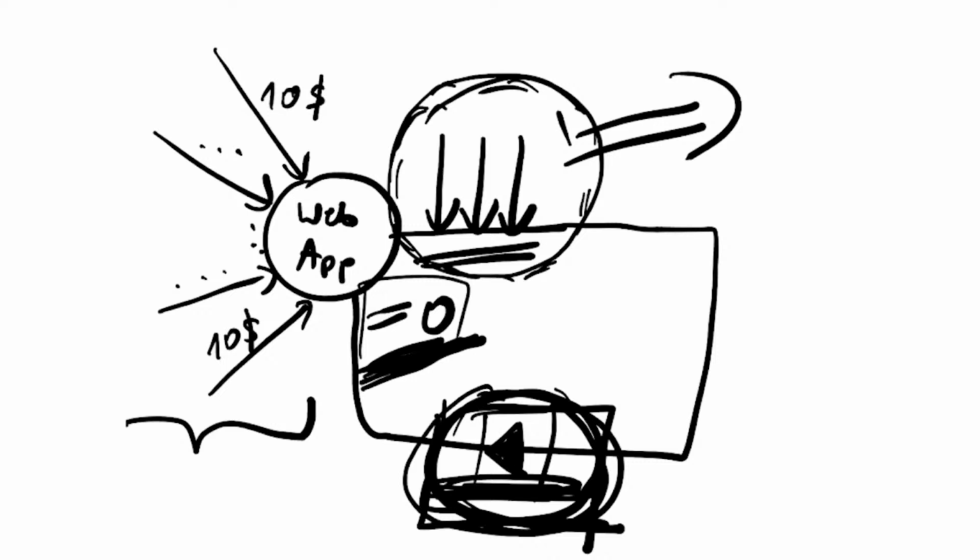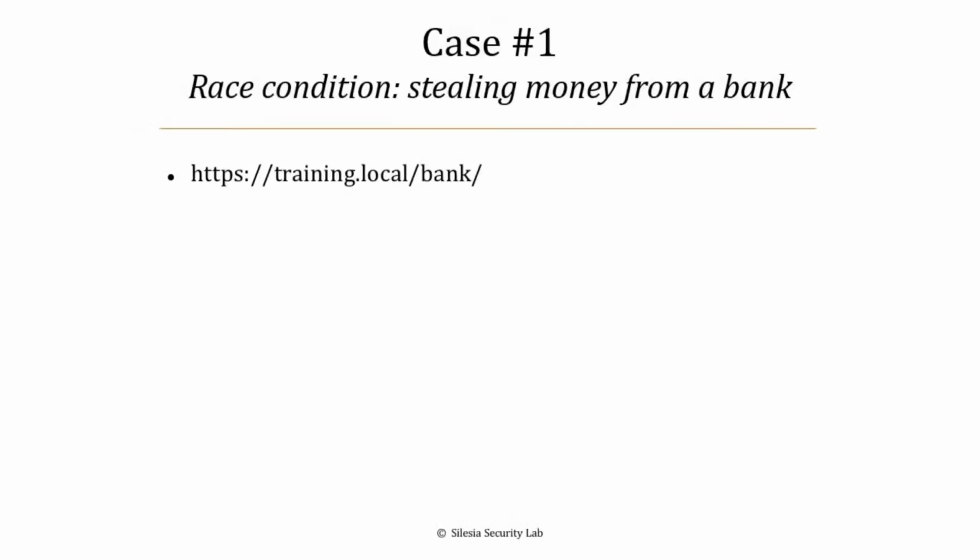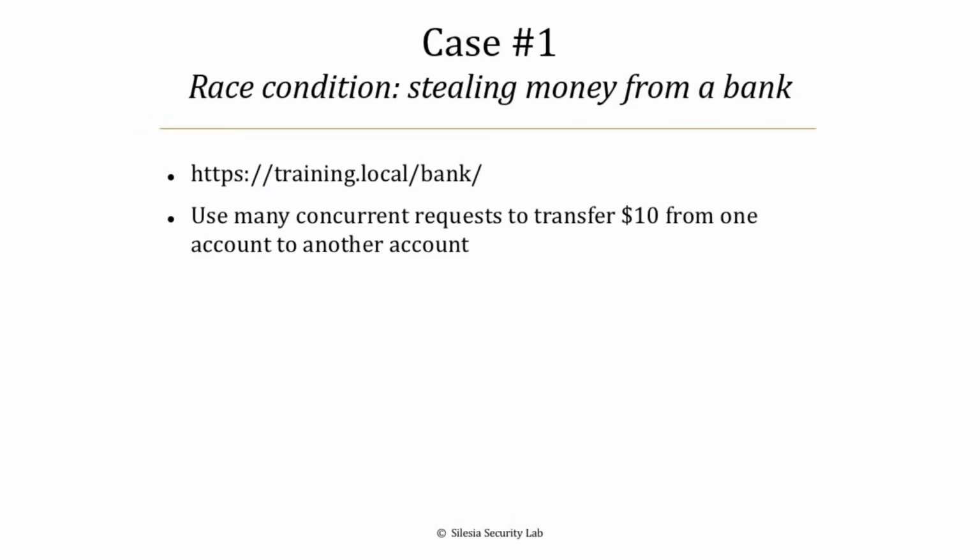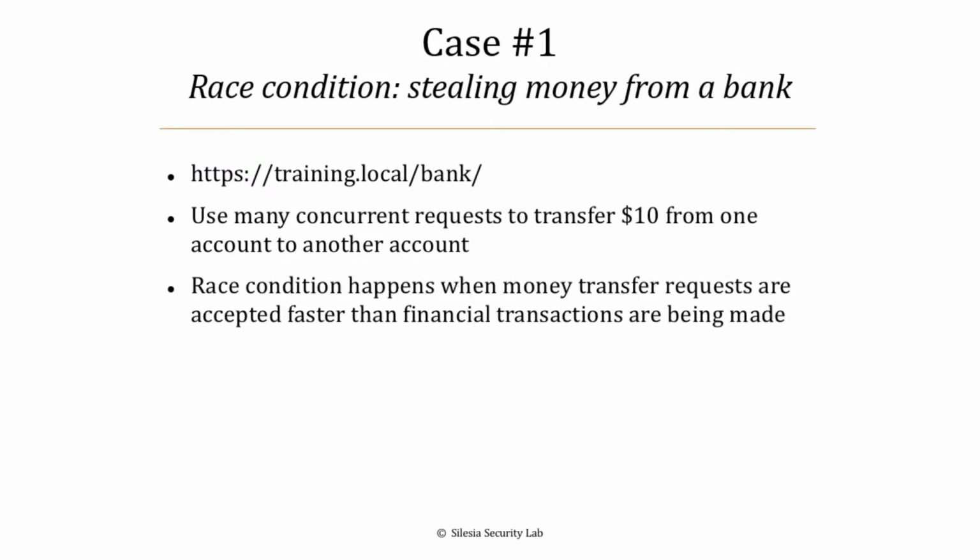Let me right now go to the slides and let me wrap up what I presented here. So I used many concurrent requests to transfer $10 from one account to another account. And I presented to you that the race condition happens when money transfer requests are accepted faster than financial transactions are being made, right?